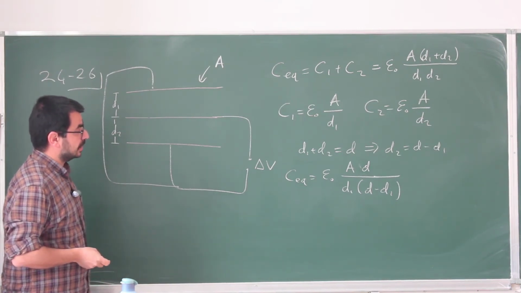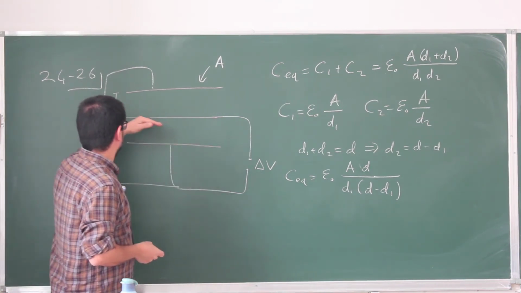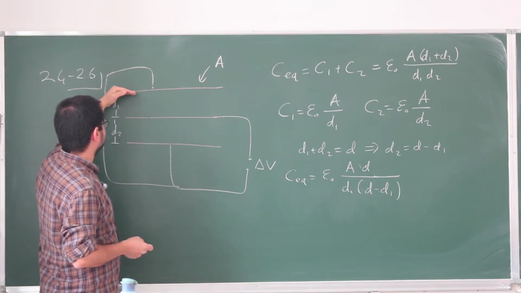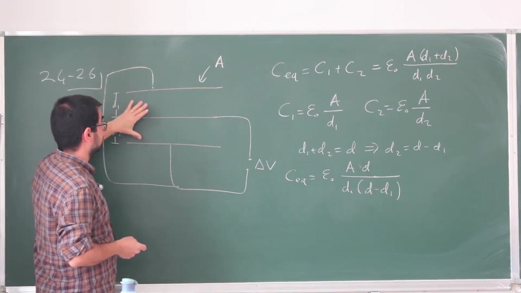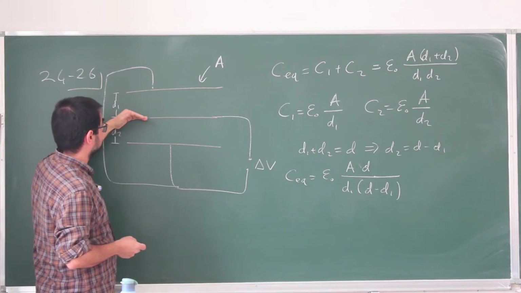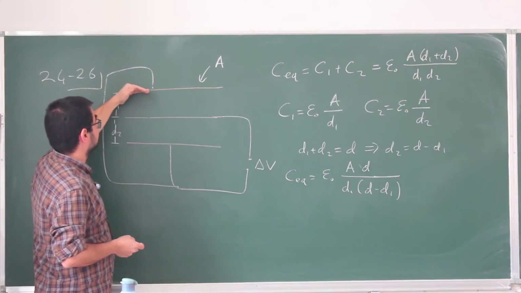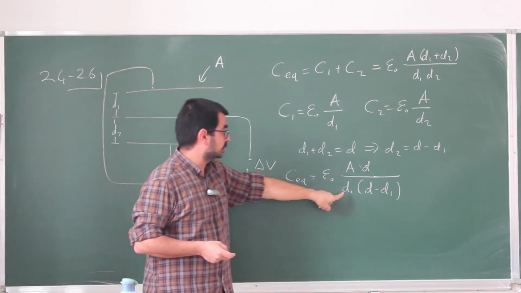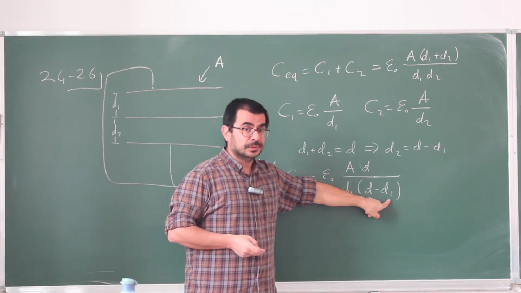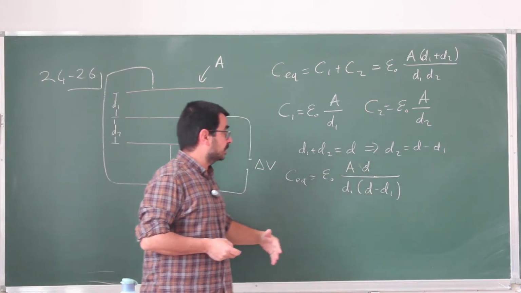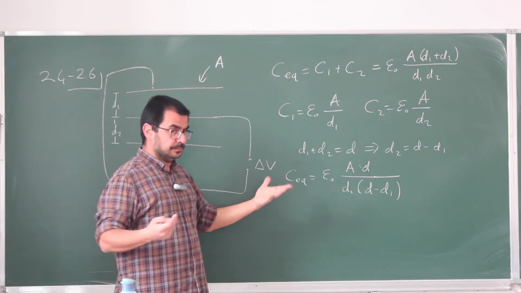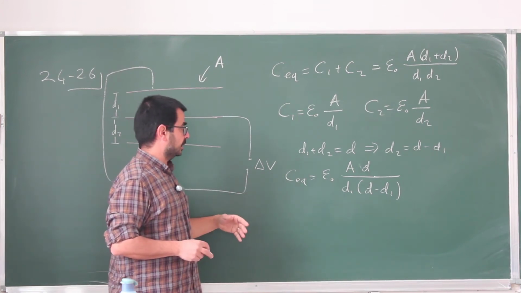The maximum is easy to see. We can move this middle plate up or down so that it almost touches the upper plate or the lower plate. In that case, either D1 or D minus D1 becomes 0. The denominator becoming 0, this is going to become infinity. That's, of course, as large a capacitance as you can get.